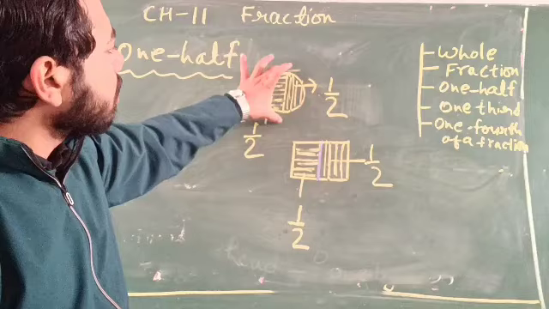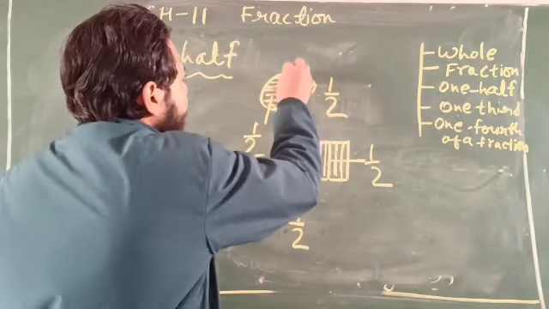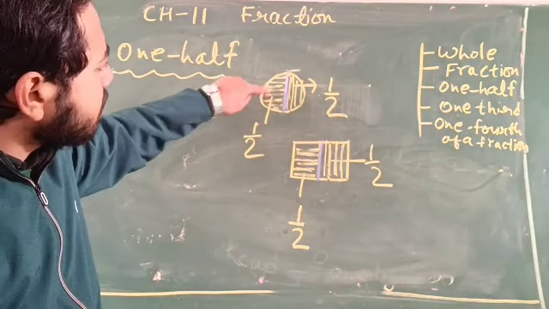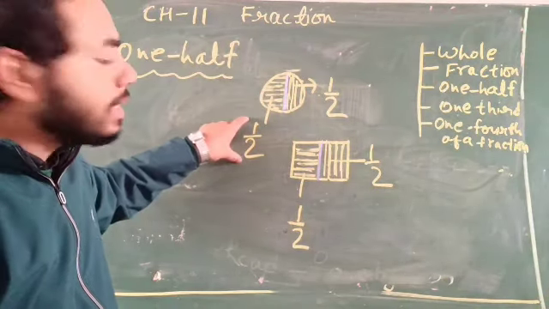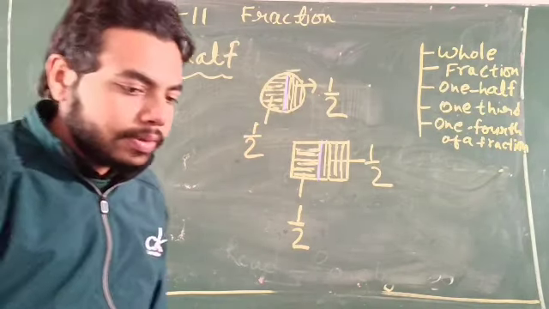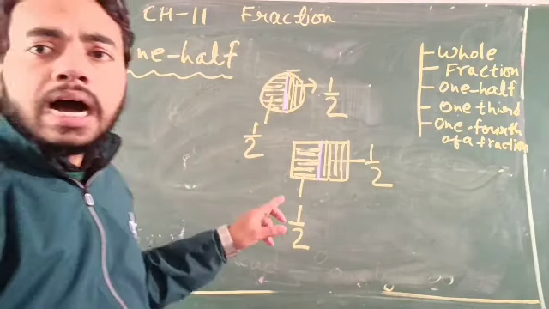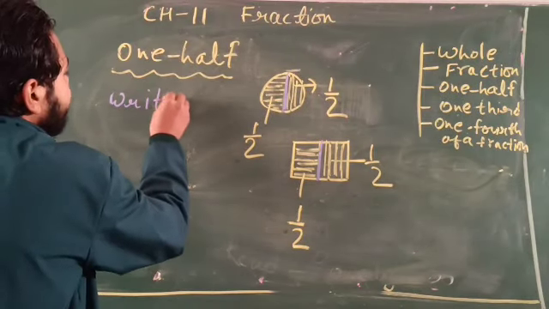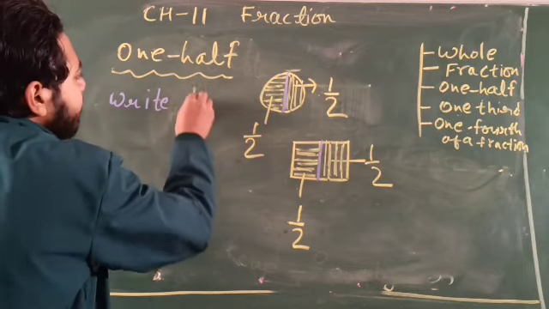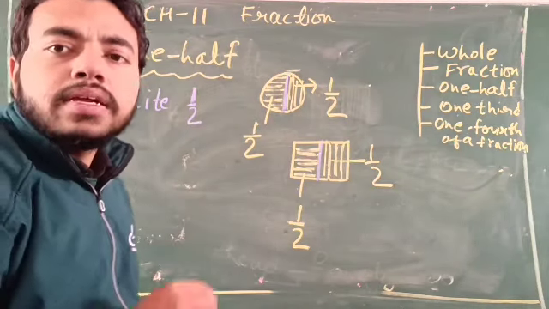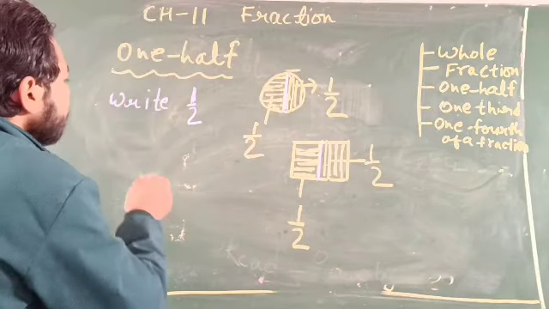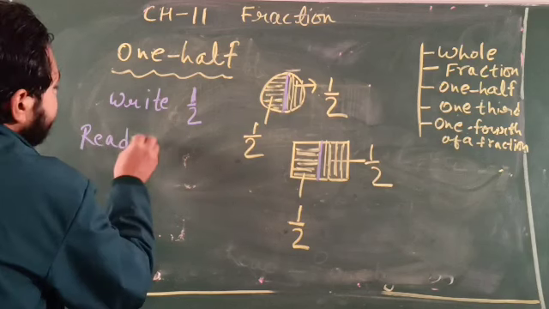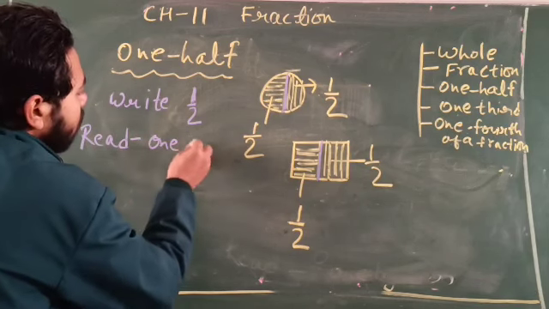And here in this circle, when we divided this circle into two equal parts, this is the example of 1/2. So how will we write 1/2? It is written as 1/2. And how do we read it?